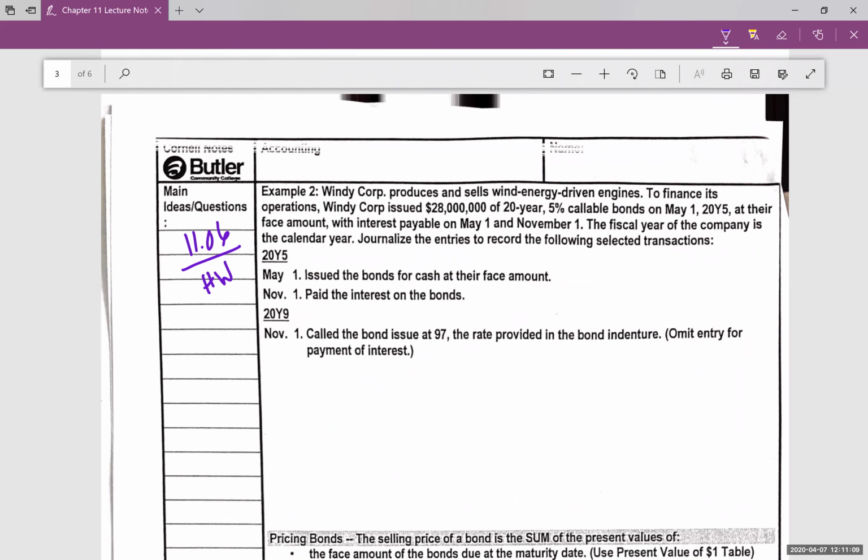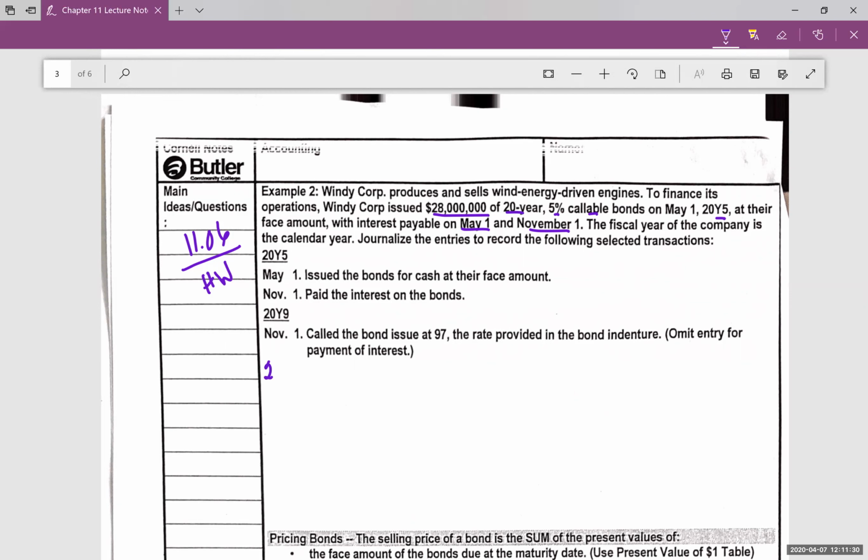Windy Corporation produces and sells wind energy-driven engines. They issued a $28 million 20-year 5% callable bond on May 1st, at their face amount, with interest payable twice a year. And the fiscal year of this company is the calendar year, and we're going to journalize some entries.